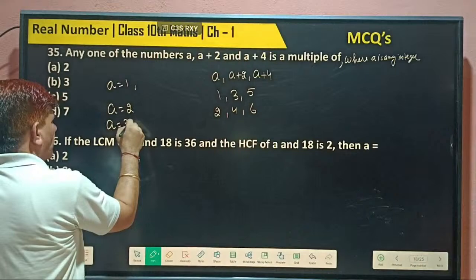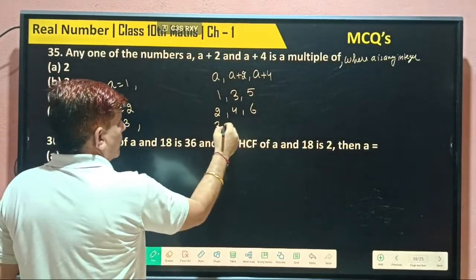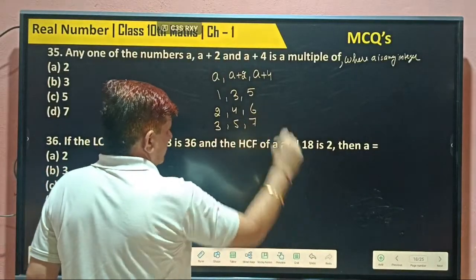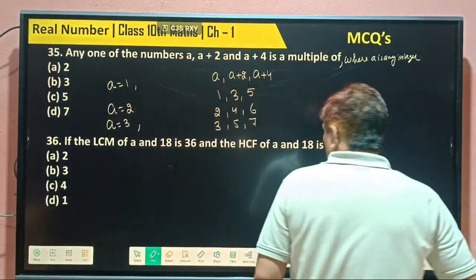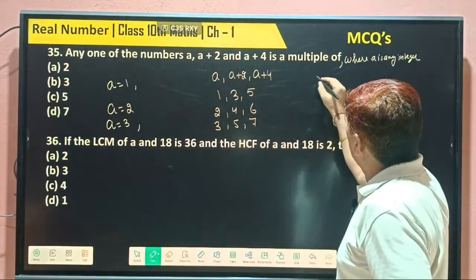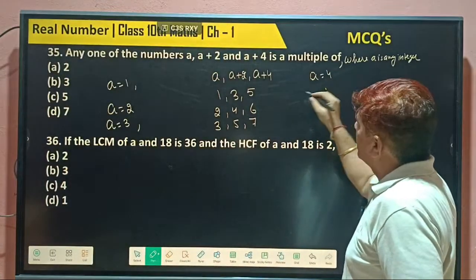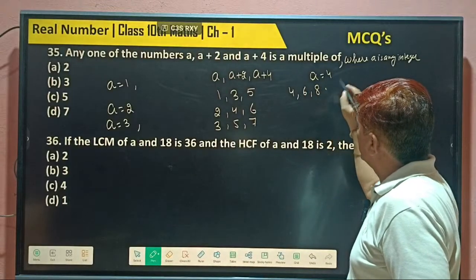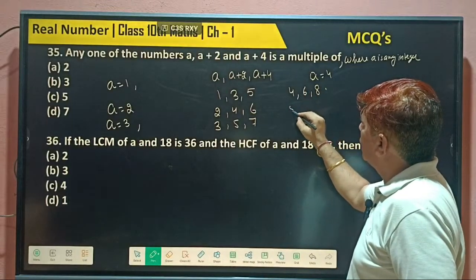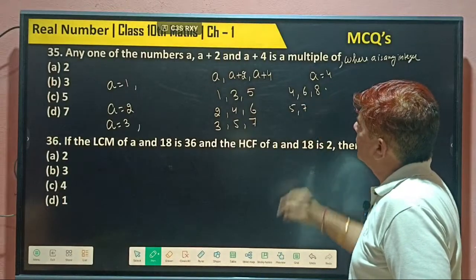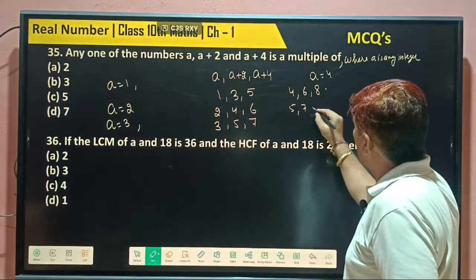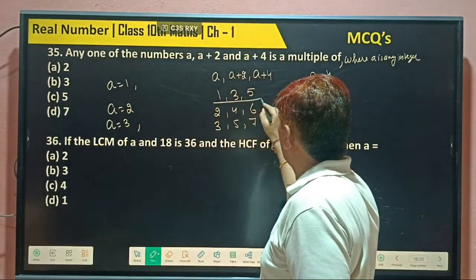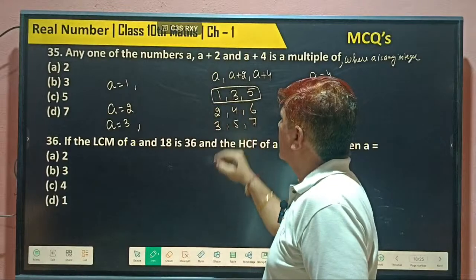A equals 3 taking 3, 5, 7. Look one time, I am taking an example. A equals 4 taking, so what becomes? 4, 6, 8. A equals 5 taking, 5, 7, 9. So look. Whose multiple is this? 3.